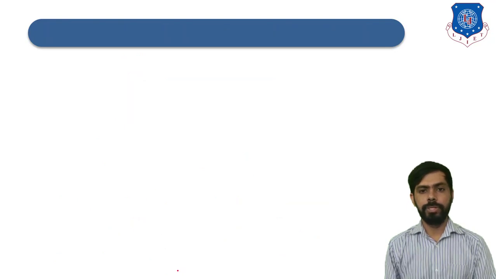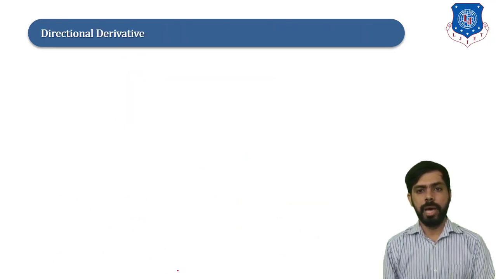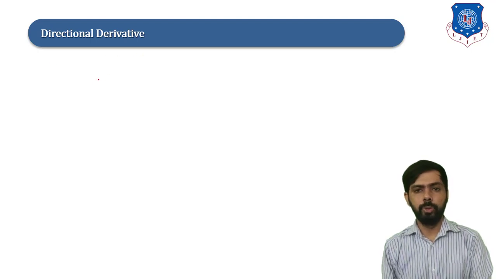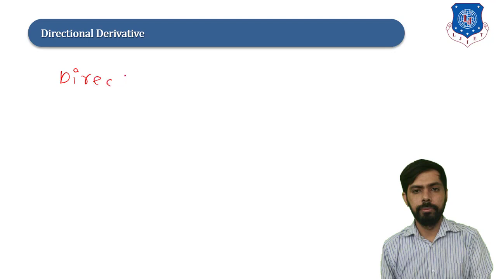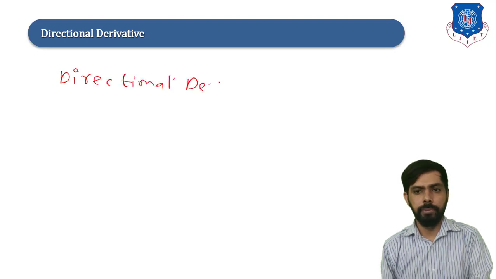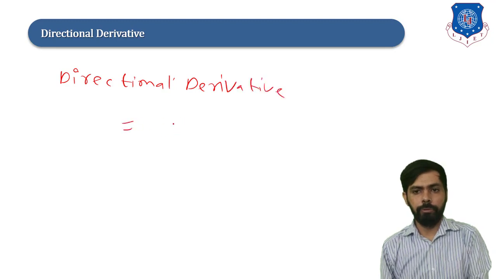Now we will discuss what is directional derivative. The directional derivative is defined by the dot product of gradient phi with a unit vector.